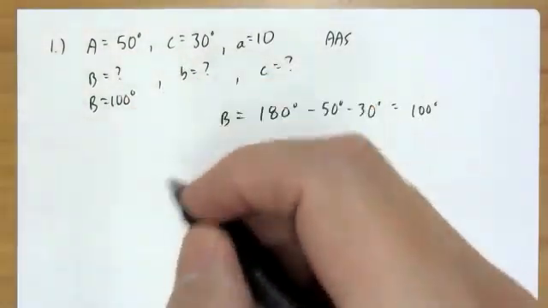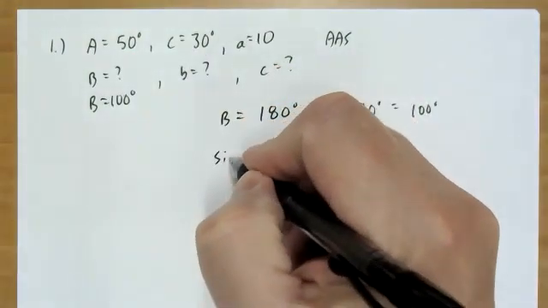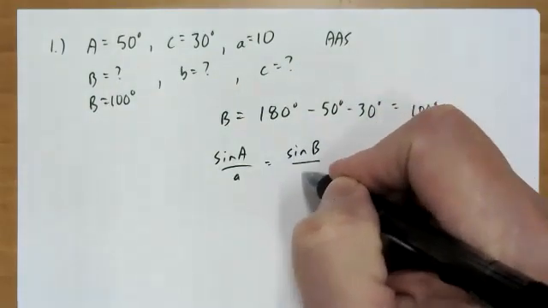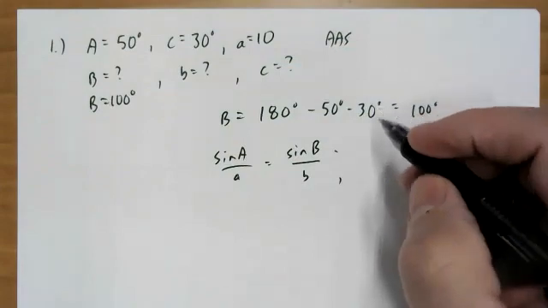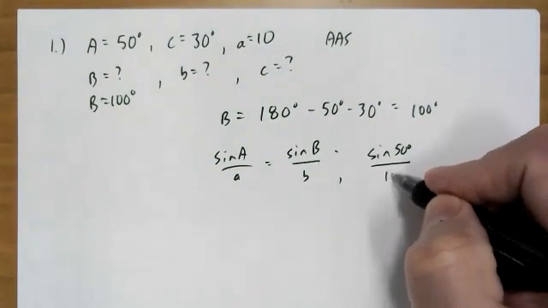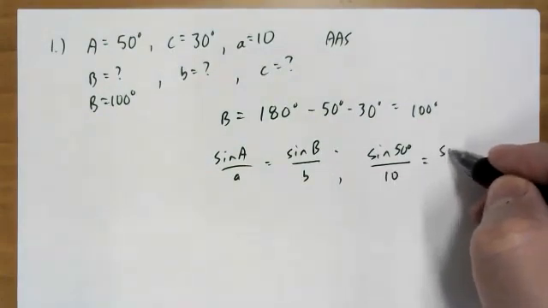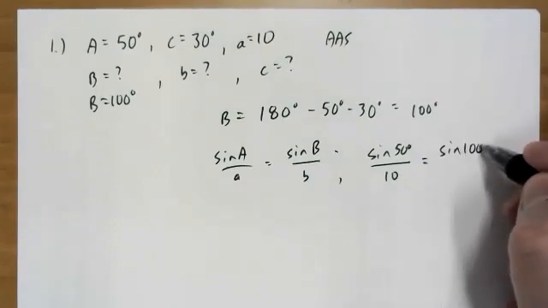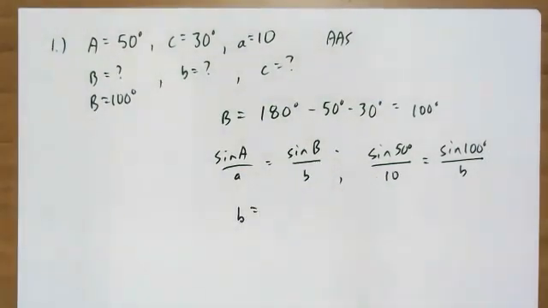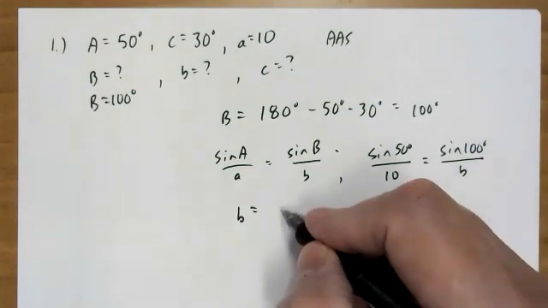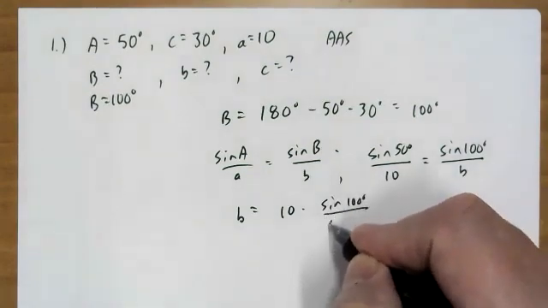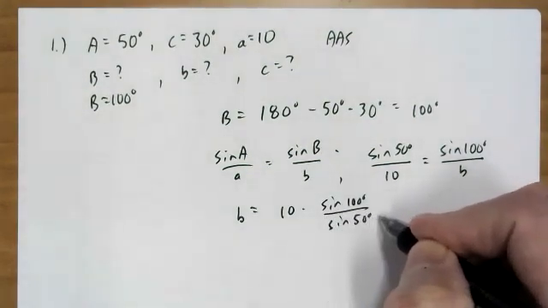Maybe we'll just do sine A over side A equals sine angle B over side B. So the sine of 50 degrees over 10 equals the sine of 100 degrees over B. So if you rearrange things a little bit, you should have 10 times the sine of 100 degrees over the sine of 50 degrees.